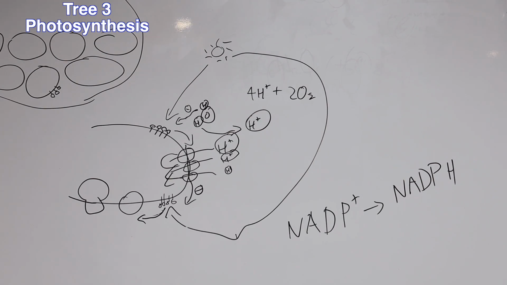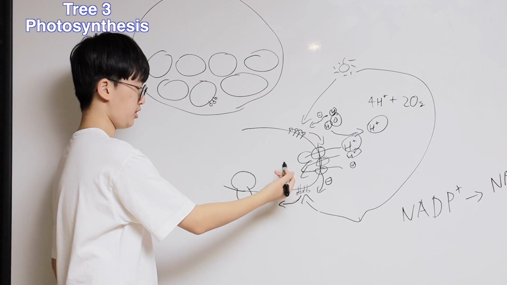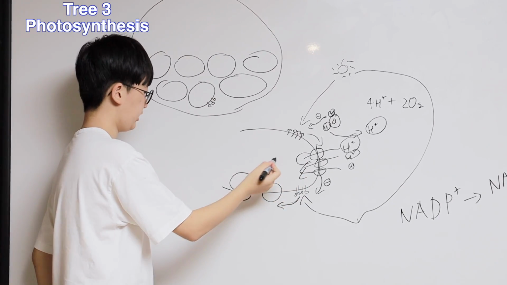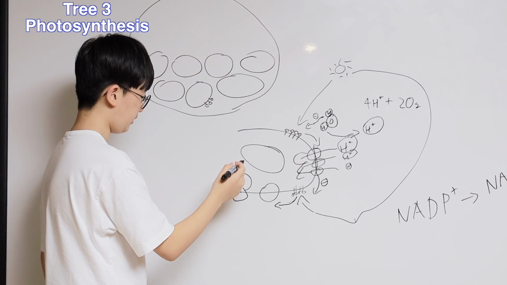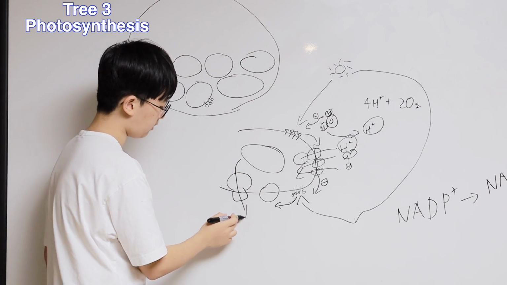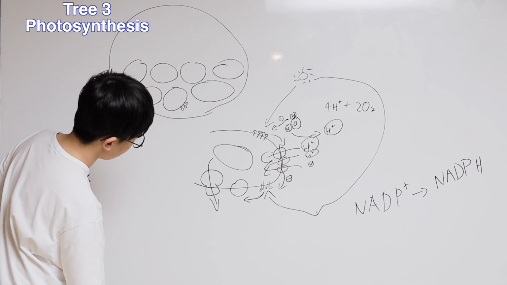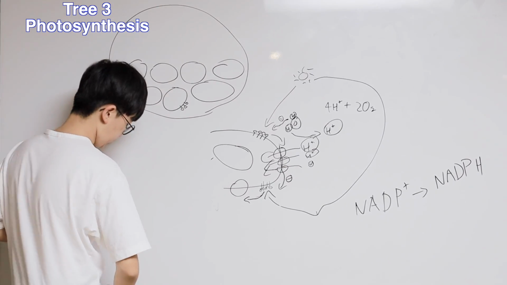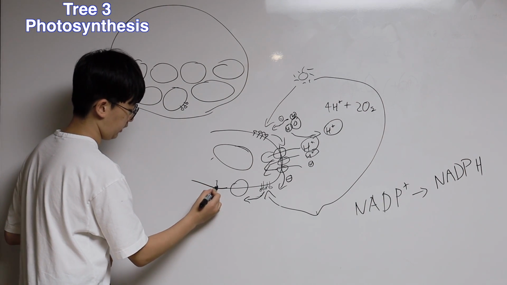Well, the protons were pumped in, right? So now there are protons inside, and now the protons are pumped out through the ATP synthase. And I drew it backwards. It's supposed to be a little bit like this.